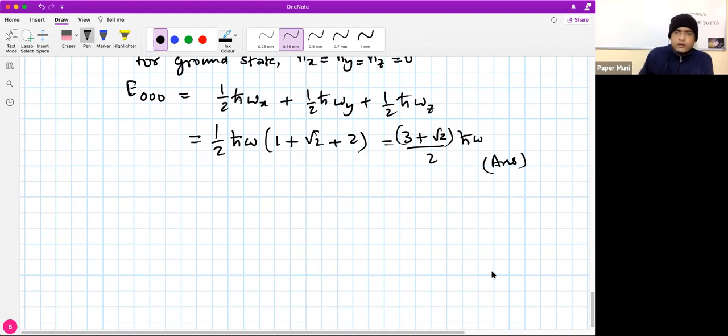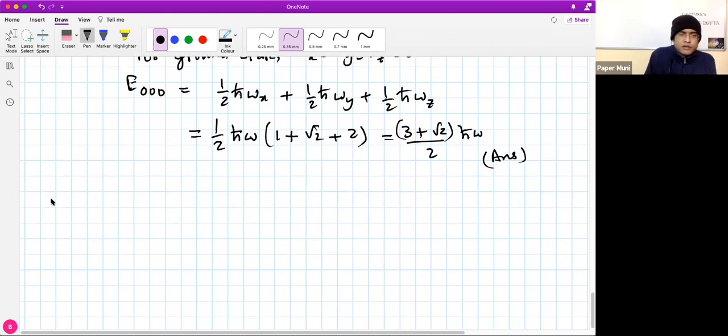Now there's a question from JNU again. So let me write it down. This is also from the isotropic simple harmonic oscillator.